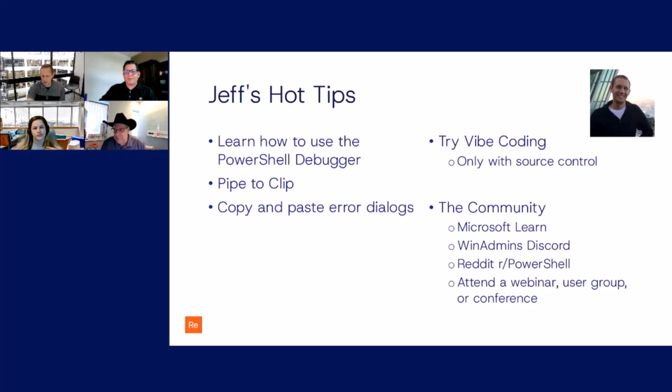Another one that I'm surprised doesn't get talked about enough is a lot of Windows errors will actually allow you to copy and paste the entire dialog. So if you just follow along with me on your personal computer, open up the Run menu and just type in test and hit enter. It's going to pop open a VB dialog.